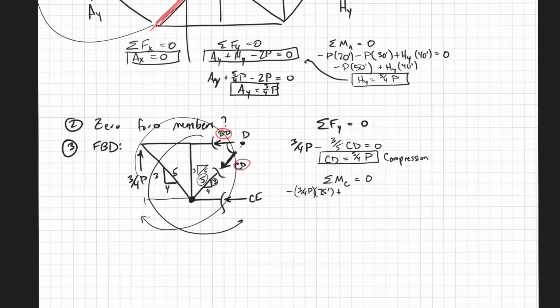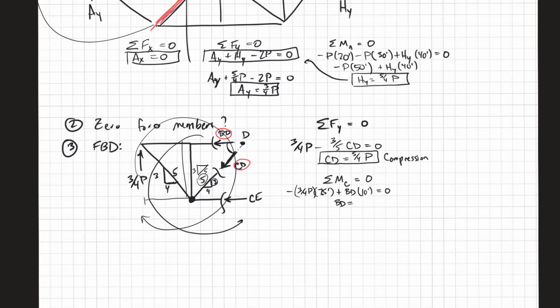So I am going to add BD times its moment arm, which is from here to here, which is going to be 10 feet, equals 0.